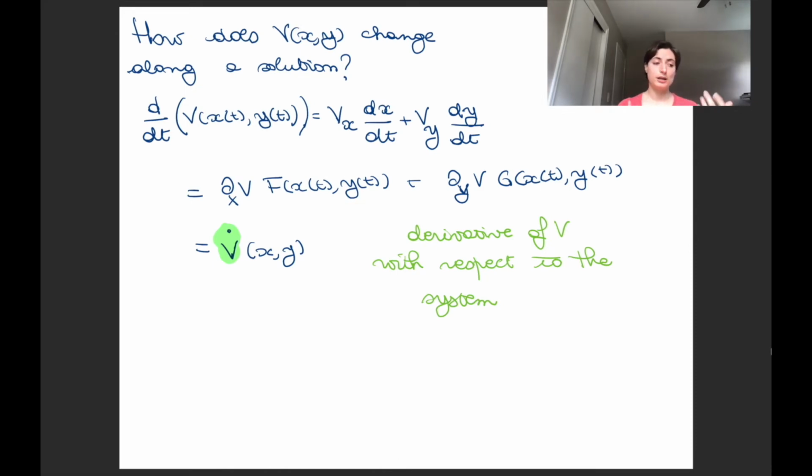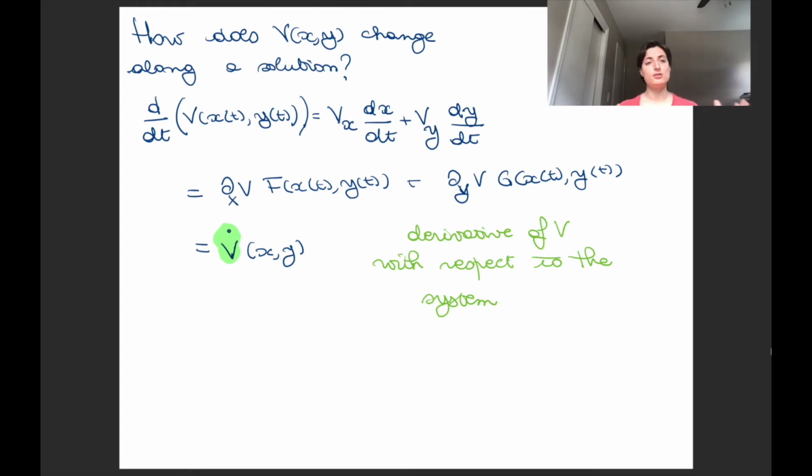Now that we possibly have v, what we're interested in knowing is how it changes along a solution. So we take the full derivative of v with respect to the system. That means the derivative over time of v, where v is considered as a function of x and y, and x and y are considered themselves as functions of t.